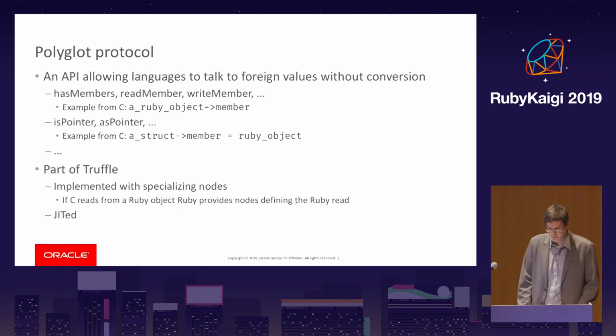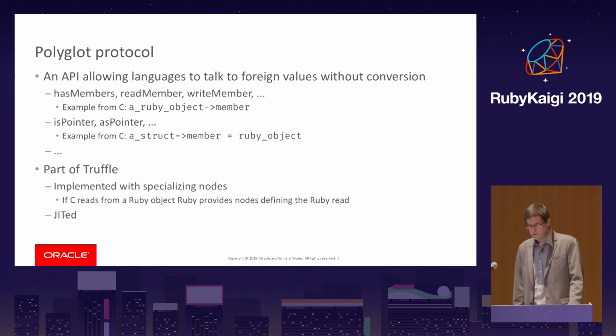So what is the Polyglot protocol? This is another API which is part of the Truffle framework, which allows you to define functions on objects, which makes it easy to communicate with foreign objects in your language.